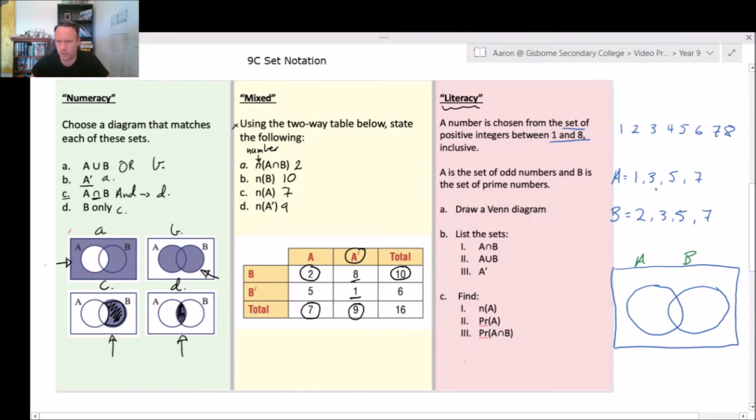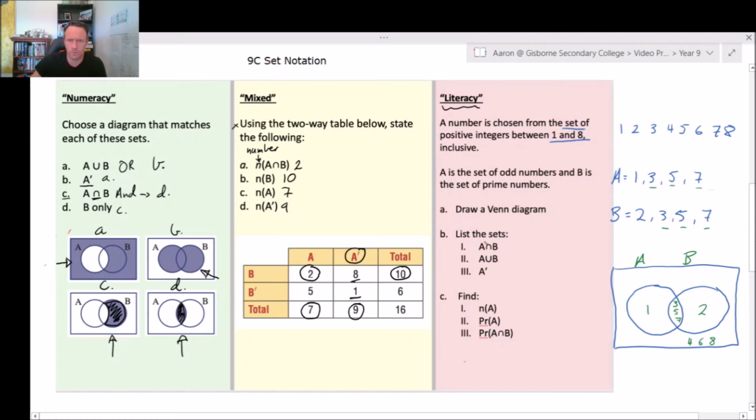So in both is 3, 5, and 7. That means that A only has the number 1 in it, B has the number 2, and we are missing 4, 6, and 8, and they are in our universal space on the outside.